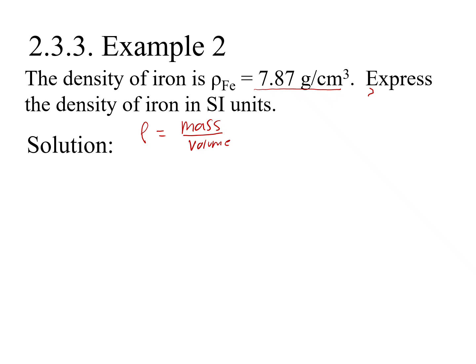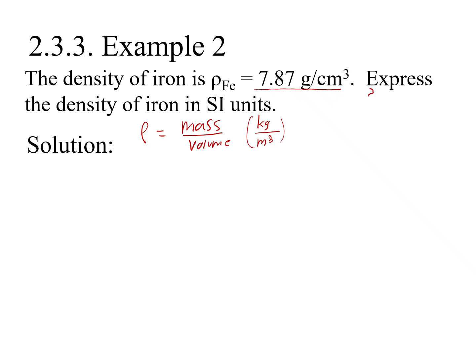So in this case, mass is measured in kilograms, volume is measured in cubic meters in SI units. So we need to convert this 7.87 grams per cubic centimeter into kilograms per cubic meter.